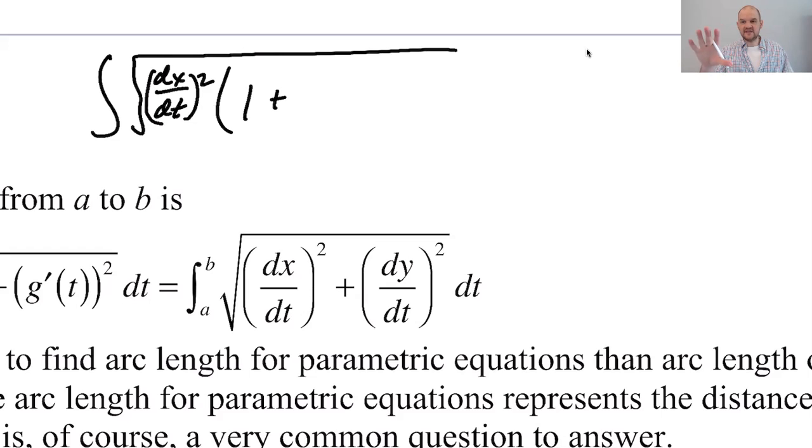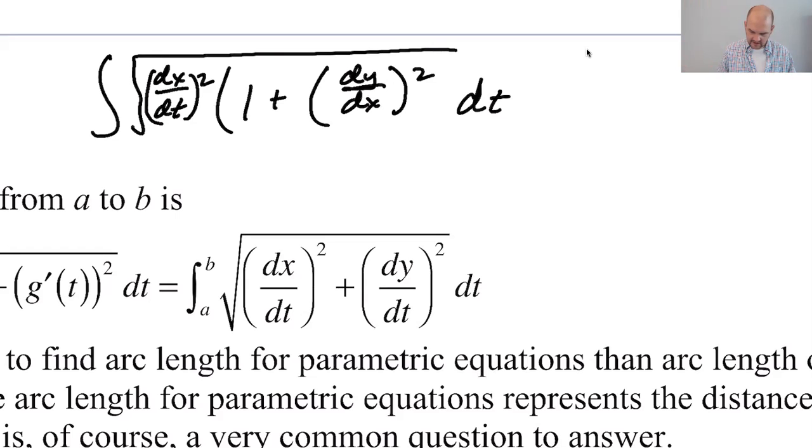(dy/dt) squared divided by (dx/dt) squared, that is (dy/dt over dx/dt) squared, but dy/dt over dx/dt is actually dy/dx, squared, dt.